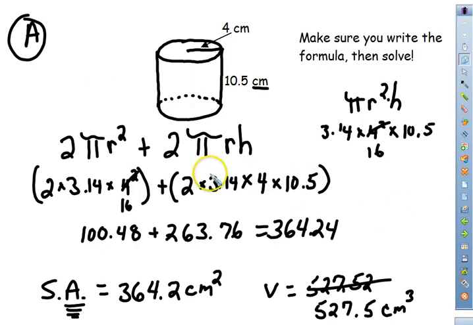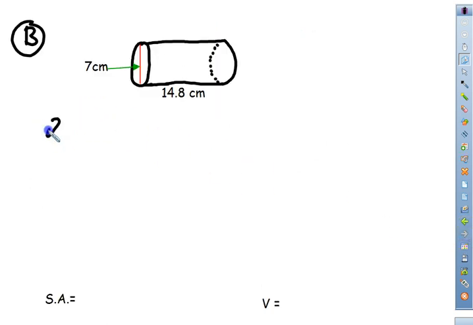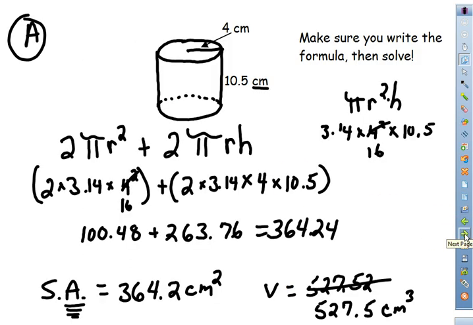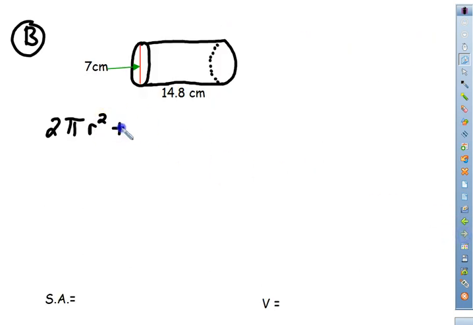All right. If you were needing the formula, again, it's 2 pi r squared plus 2 pi r h.